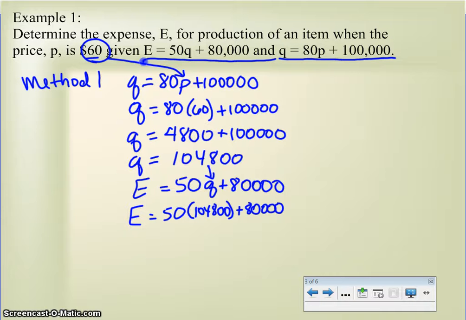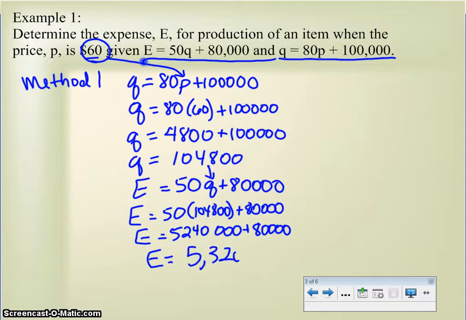When we multiply that together, we get E equals 5,240,000 plus the 80,000. And finally, my expense total is 5,320,000 for method 1.